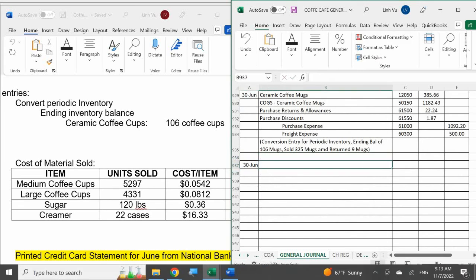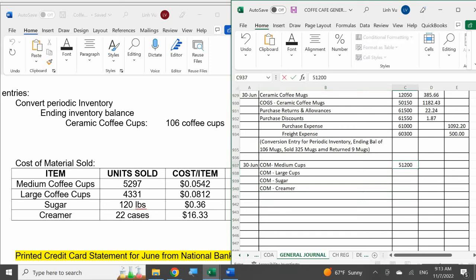We've got the cost of materials for the medium cups, we've got cost of materials for the large cups, we've got cost of materials for sugar, and we've got cost of materials for creamer. Right?